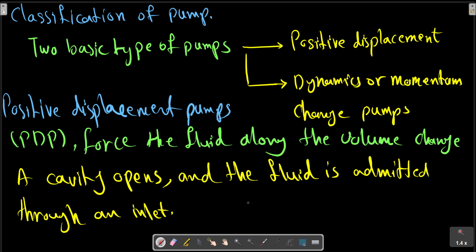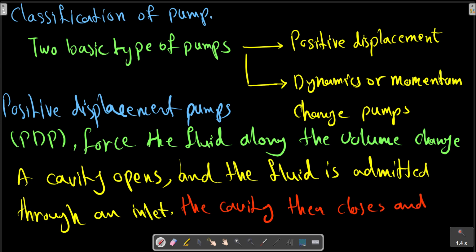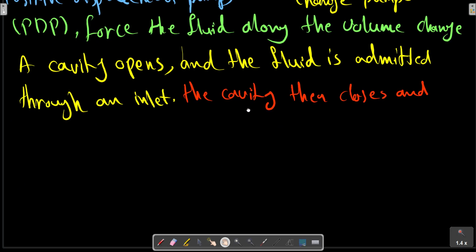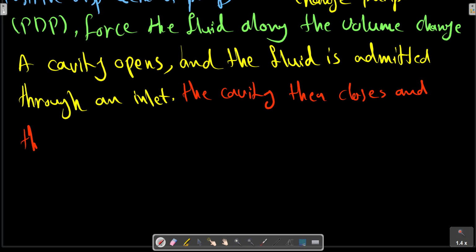The cavity then closes and the flow is squeezed through an outlet.